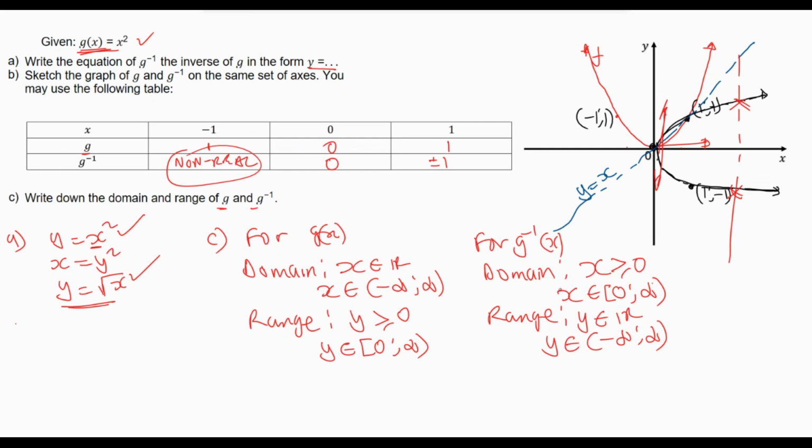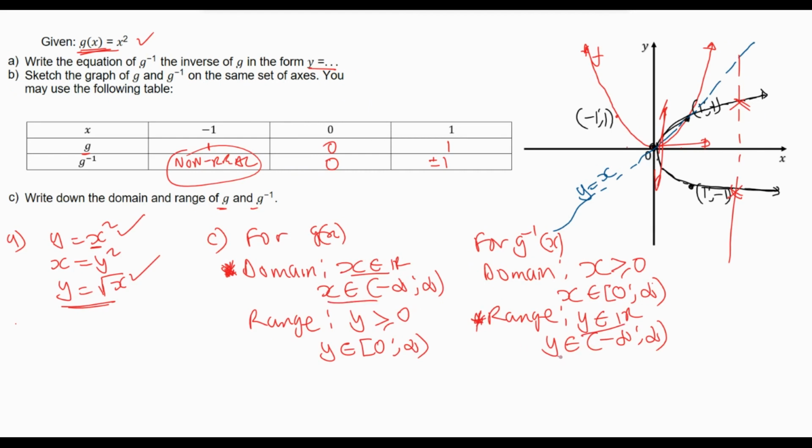Then take note of this also. Let's check the domain of g and then the range of the inverse. Do you see the range and the domain sort of swap like that? Here it was x an element of real numbers, now it is y an element of real numbers.